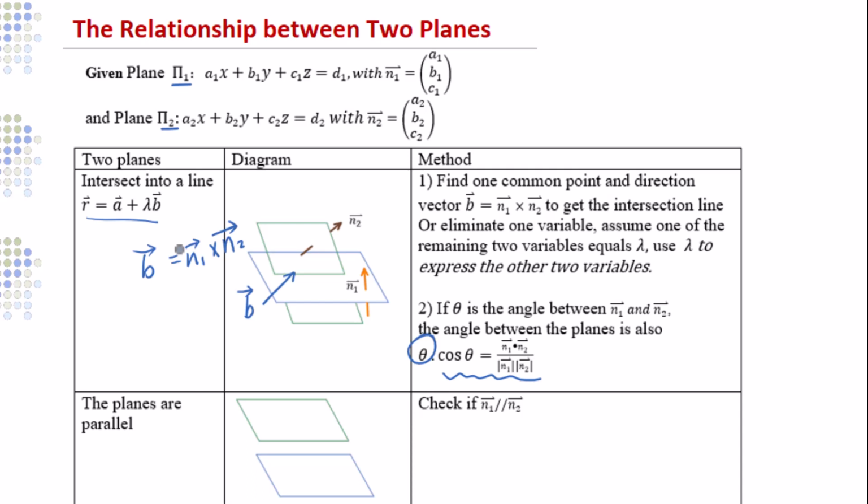If the two planes are parallel, which means the normal vector n1 is parallel to normal vector n2, which means n1 cross n2 equals 0, or n1 equals k dot n2.